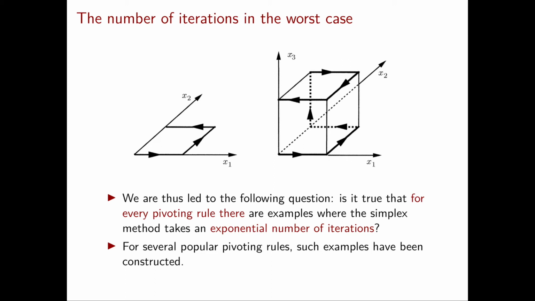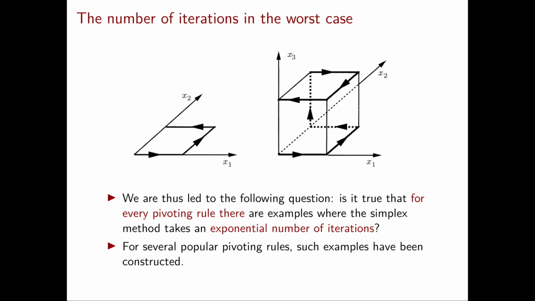So a natural question is whether there exists a pivoting rule that always achieves a polynomial number of iterations. Or, vice versa, is it true that for every pivoting rule there are examples where the simplex method takes an exponential number of iterations?